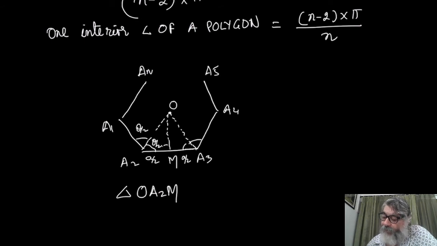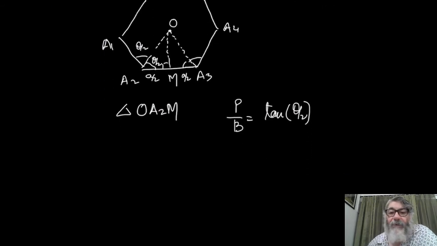In triangle OA2M, OA2 is the hypotenuse, OM is the perpendicular, and A2M is the base. So perpendicular upon base is tan theta by 2, because the angle here is theta by 2. What is the perpendicular?